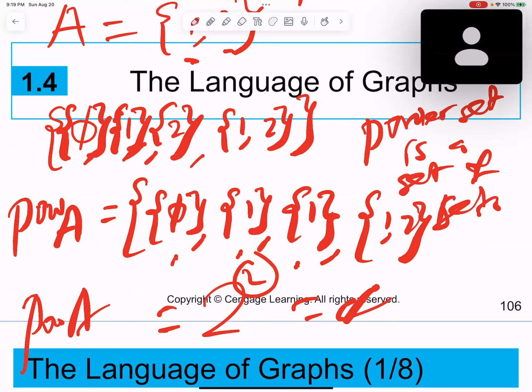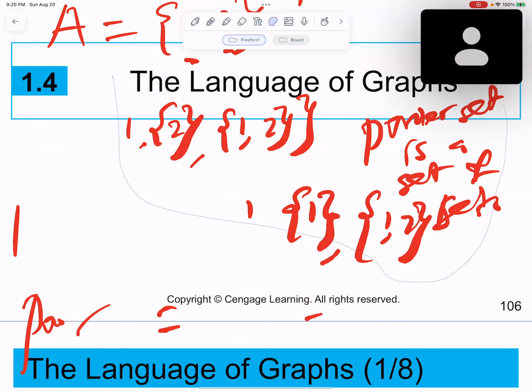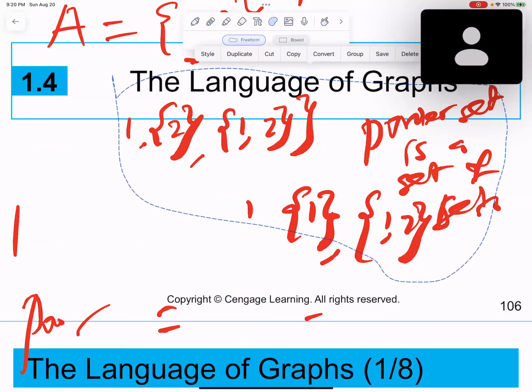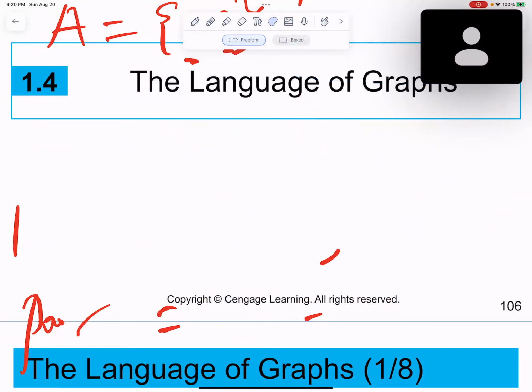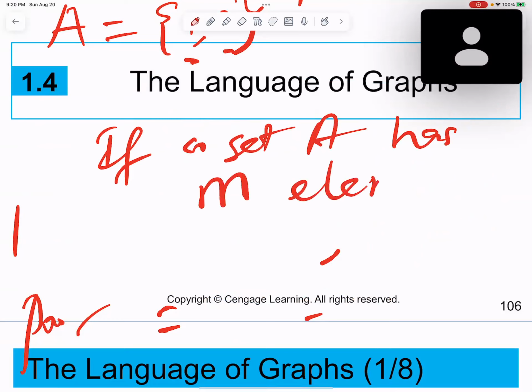Now, take note of one important formula. Let me clean this up. Now, if a set A has m elements, take note of this.